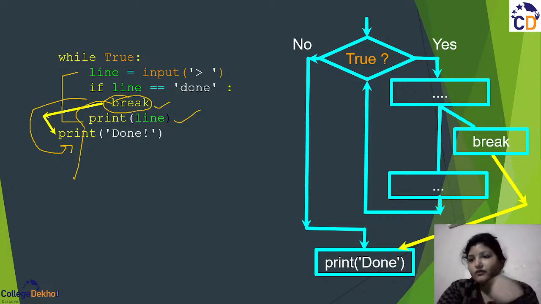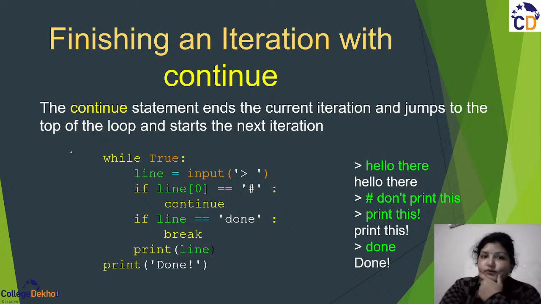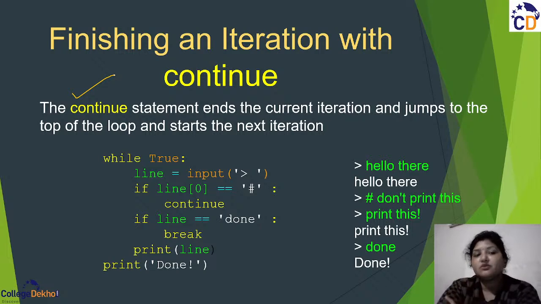So for coming out, we will be using the break keyword, and for finishing an iteration, we can use the continue statement. The continue statement ends the current iteration and jumps to the top of the loop and starts the next iteration.